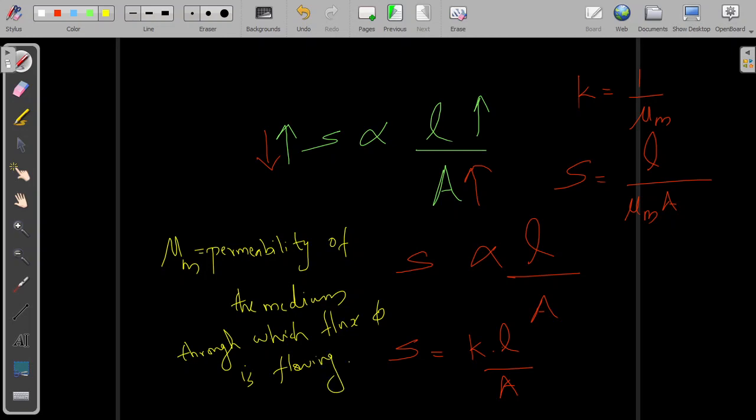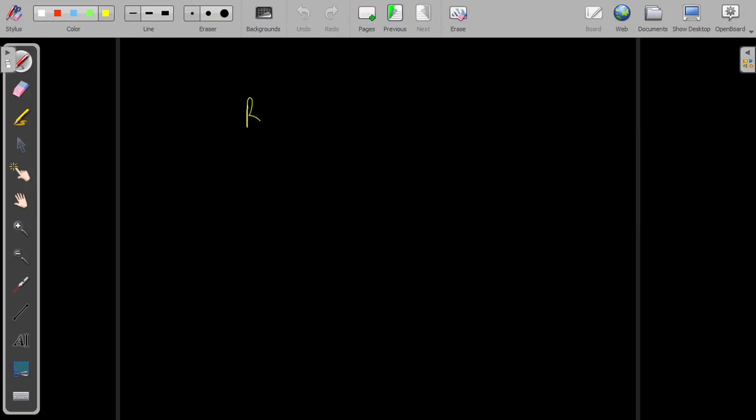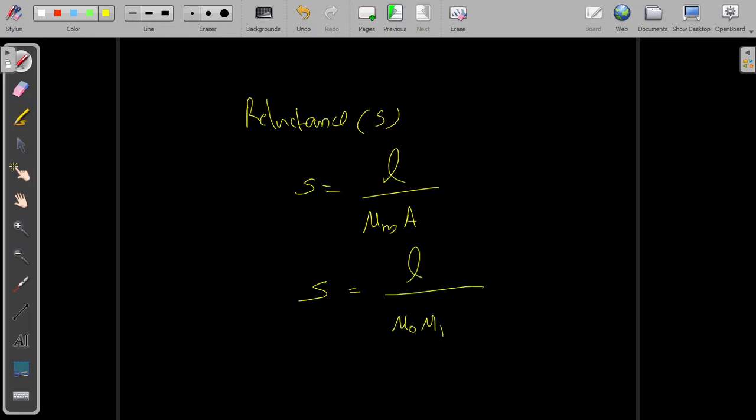Okay, so we have the formula for reluctance: S is equal to L by mu M A, or S is equal to L by mu 0 mu R A, where mu R is equal to mu M by mu 0, that is the relative permeability, and mu 0 is the permeability of free space or air.